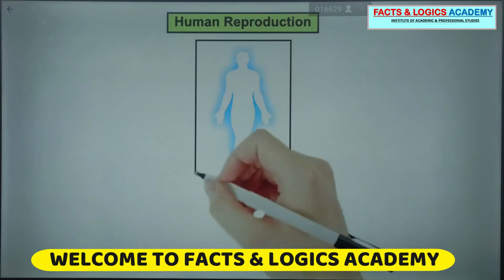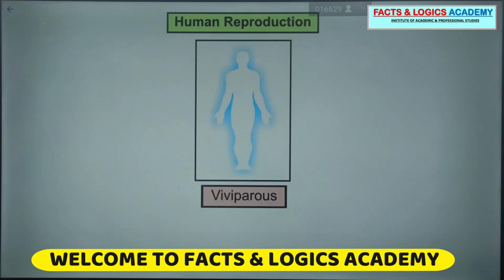We know that humans are viviparous, and I'm sure you might have heard about this term viviparous, right? So what is it? Well, it means that humans give birth to young ones.